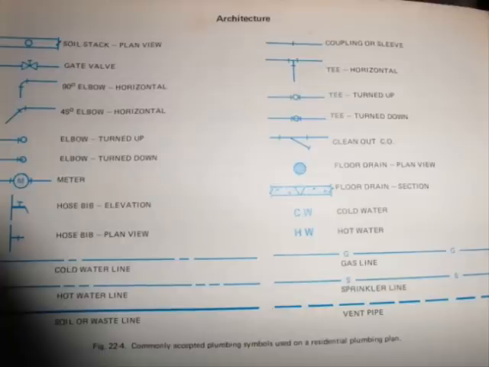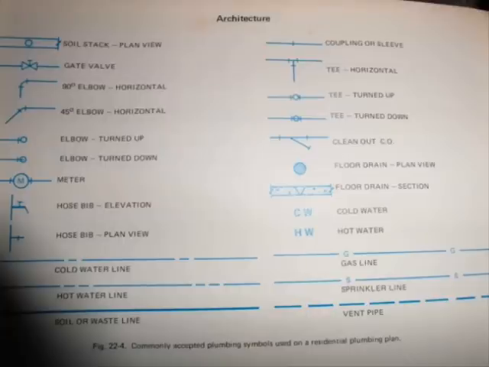And then, for the second column, we have here the coupling or slip, the T horizontal, the T turned up, and the T turned down, the clean out, and of course the floor drain plan view, and the floor drain section.